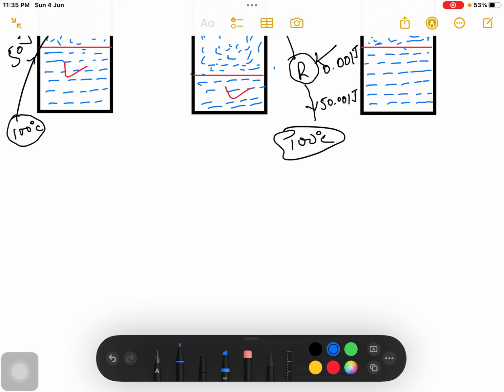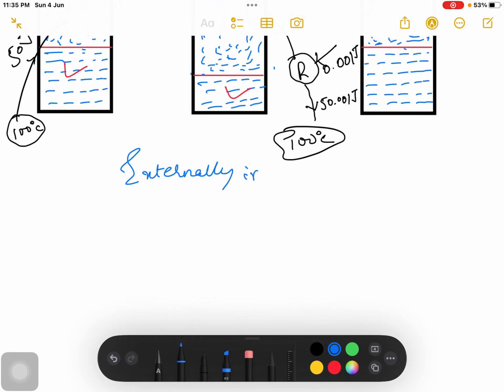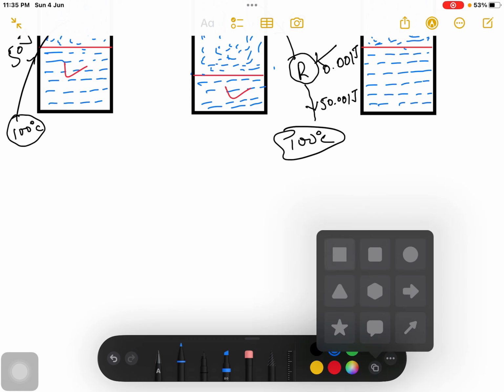And in the second stage, vapor is converted into liquid. The surrounding is gaining heat of 50.001 joule of energy and losing a work interaction of 0.001 joule of energy.